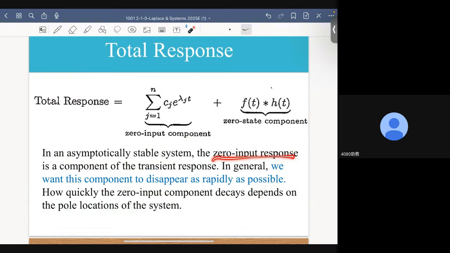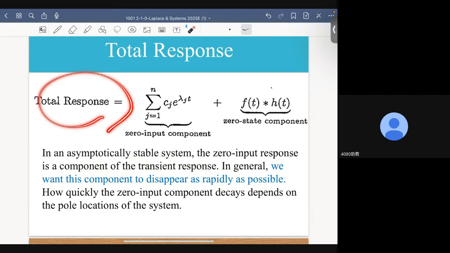Then the zero input response is a component of the transient response. For an asymptotically stable system, the zero input response is always a part of the transient response. In general, we want this component to disappear as rapidly as possible. Why is that the case?